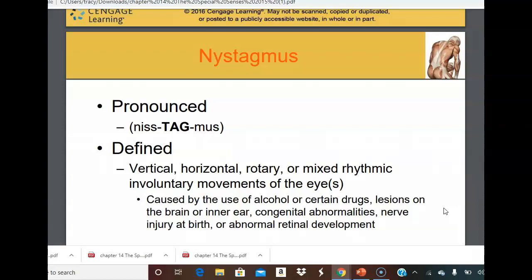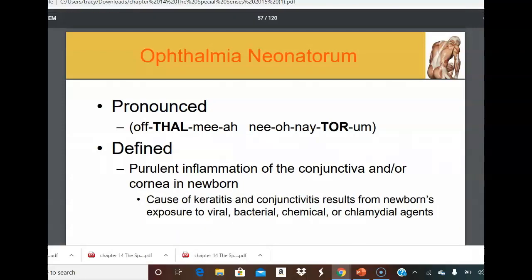Different lesions on the brain or inner ear can cause this, certain congenital abnormalities, nerve injury, or even alcohol and certain drugs. When you look at the eyes, they kind of gaze off to the side, not looking directly at you, and a lot of times you can see very quick, rapid, involuntary movement back and forth of the eyeballs.